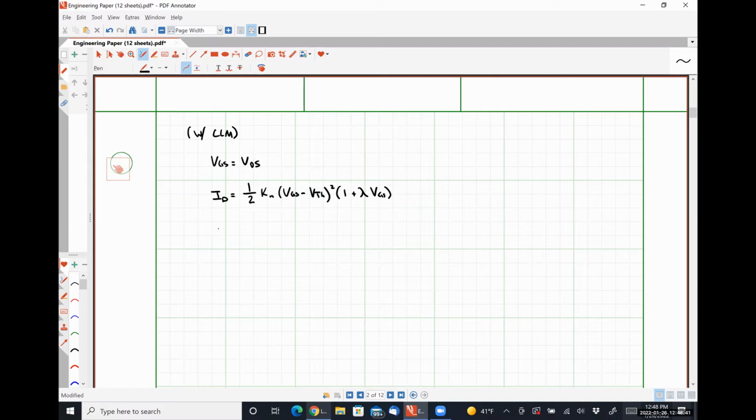We know from our KVL equation that we used previously that VDD minus VGS divided by RD plus RS is equal to ID.